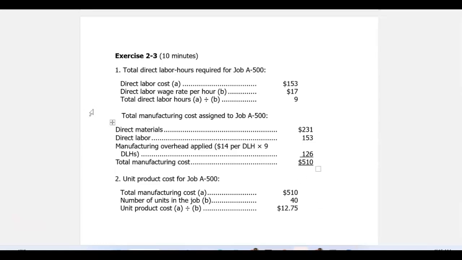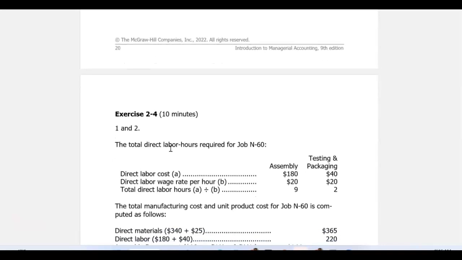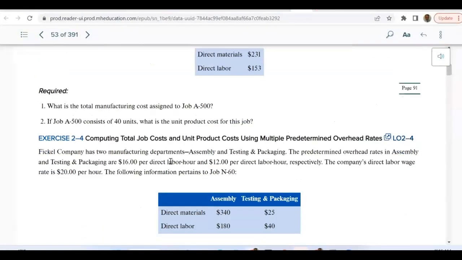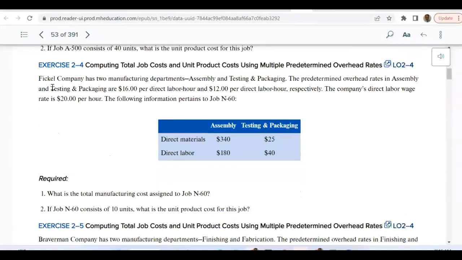Okay, let's do one more problem. Number 4. The company has 2 manufacturing departments, assembly and testing. The predetermined overhead rates in assembly and testing and packaging are $16 per direct labor hour and $12 per direct labor hour respectively.